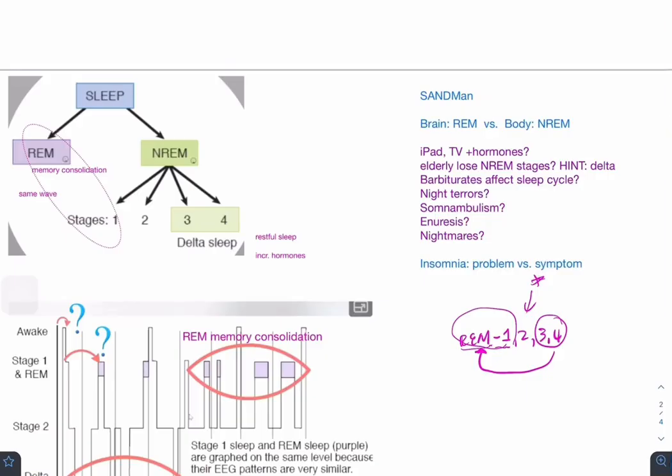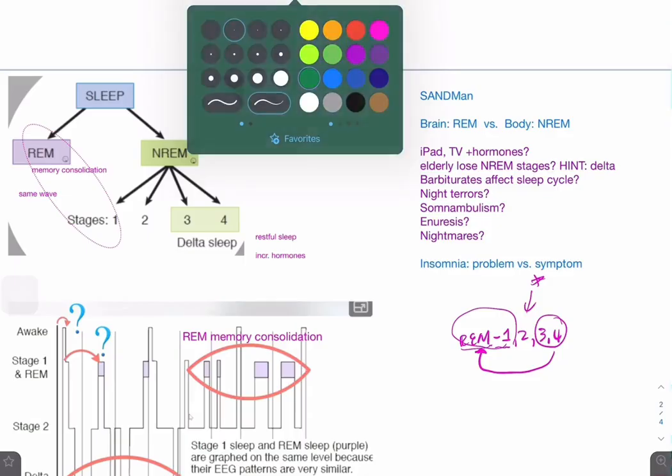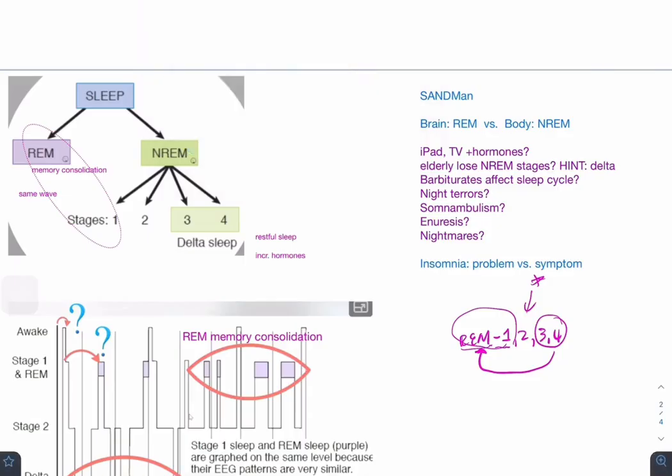I have questions for you. If you are playing iPad or watching TV before sleeping, which hormones are activated? Well, you are arousing yourself with the letter A, and is adrenergic.